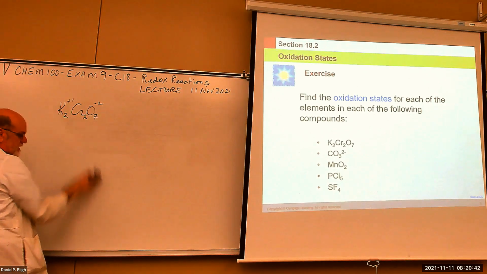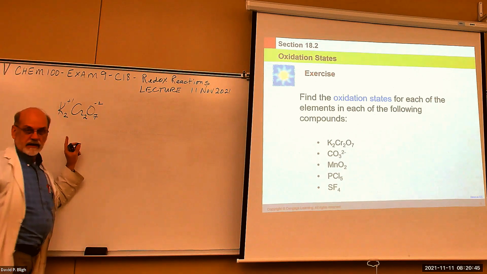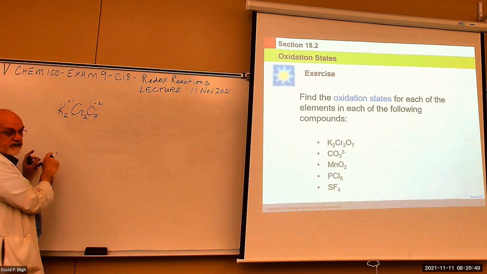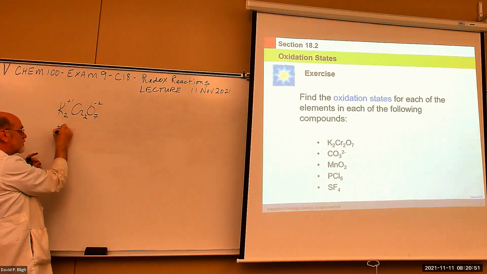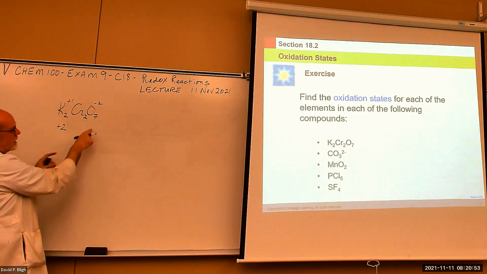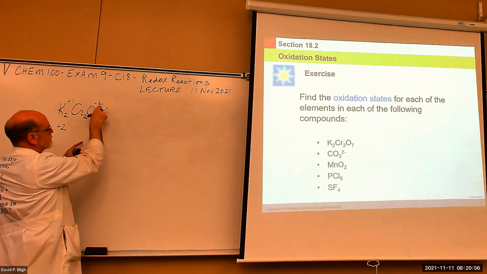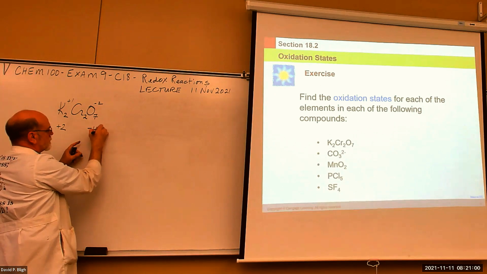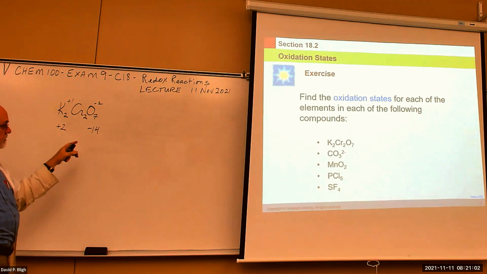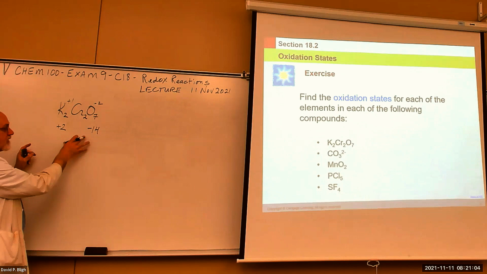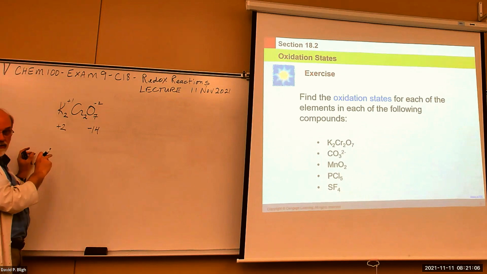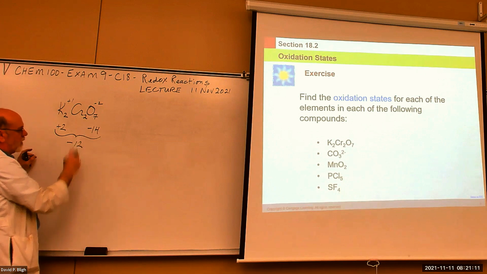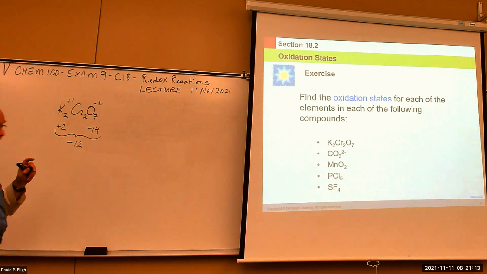Let's treat it like a neutral compound. We know that this one is +1, so how many pluses do we have there? We have +2. Here we have 7 times -2 for oxygen, which is -14. What do we have now that has to be balanced by chromium? Add these together and we get -12.